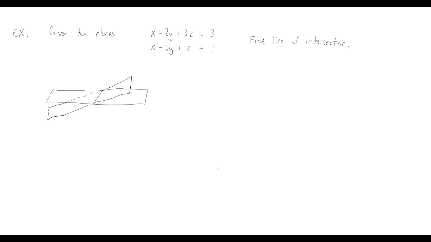Now there's a couple of different ways of approaching this problem. Let me try to illustrate 2 ways to go about this, alright? So this first method is more of a purely algebraic method of coming up with a parametrization for the line of intersection.